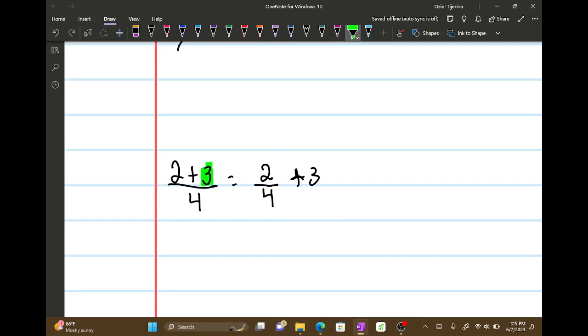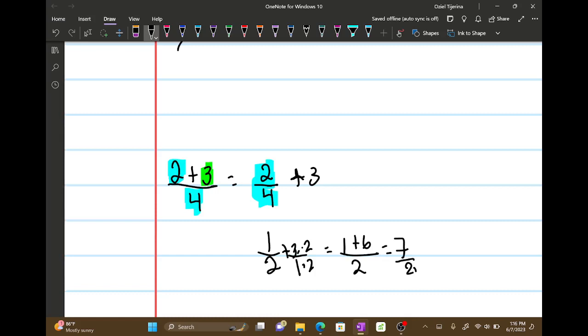If I look at this and I'm like, oh, well, it's really 2/4 plus 3, I'm like, it's 1/2 plus 3, which is really 1 plus 6 all over 2, which is 7 over 2.